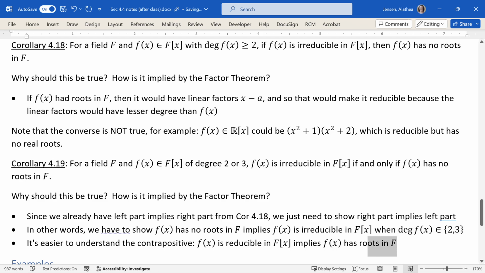Okay, so this is easier to justify because now suddenly you realize, oh yeah, if f of x has degree 2 or 3, then it being reducible, well, there's only so many things you can factor a degree 2 polynomial into. If you're insisting on factoring it into parts that have smaller degree, then it's only going to factor into 2 linear factors, right? And if it's degree 3 and you're insisting that you can factor it into factors with smaller degree, then you've got to have either 3 linear factors, or you could have 1 degree 2 factor and 1 linear factor. But either way, you get a linear factor, right?